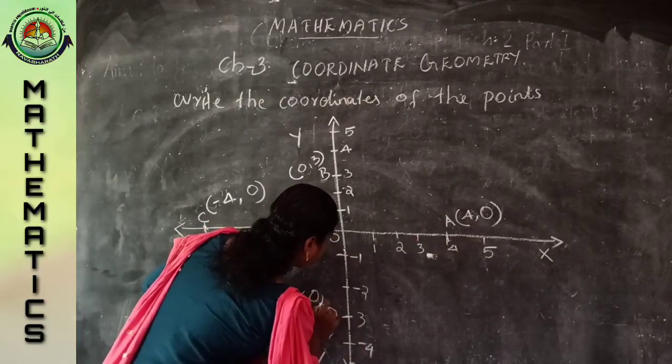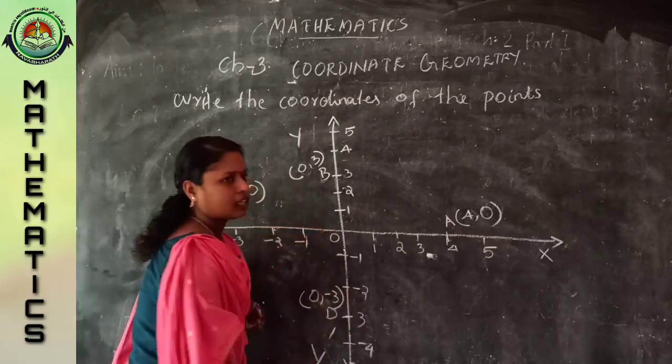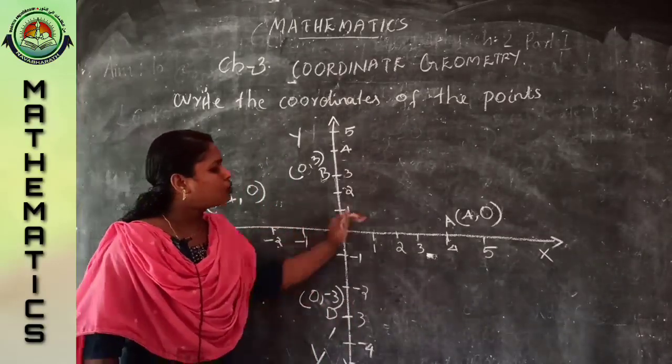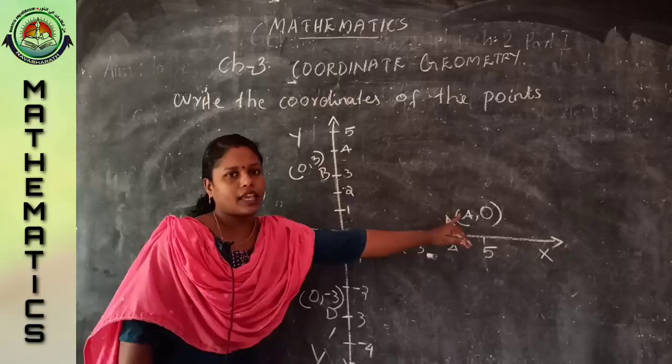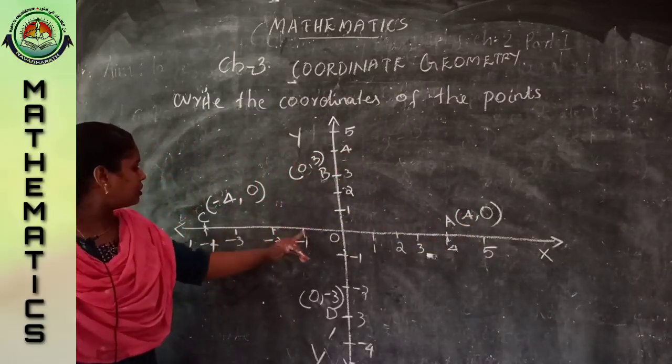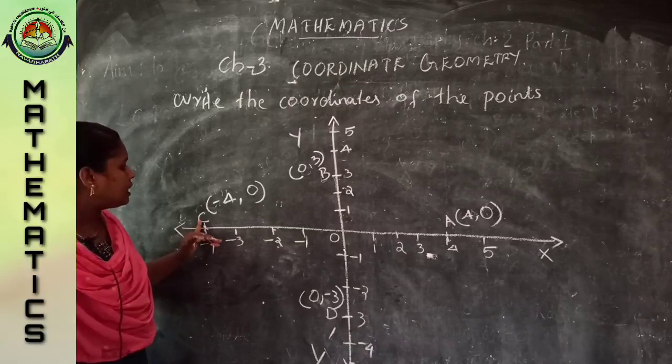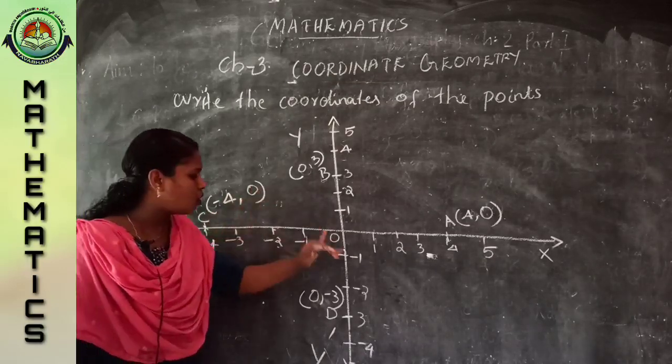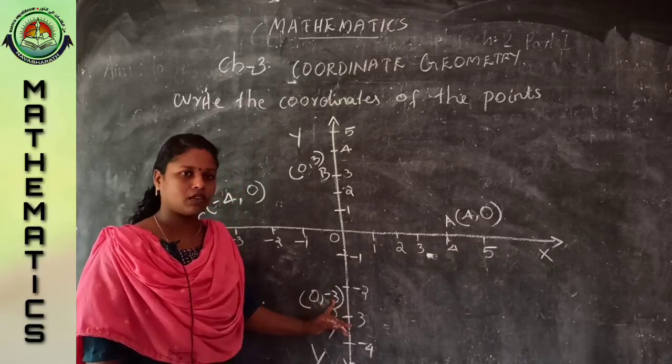So D is 0, negative 3. The coordinates are A 4, 0; B 0, 3; C negative 4, 0; D 0, negative 3.